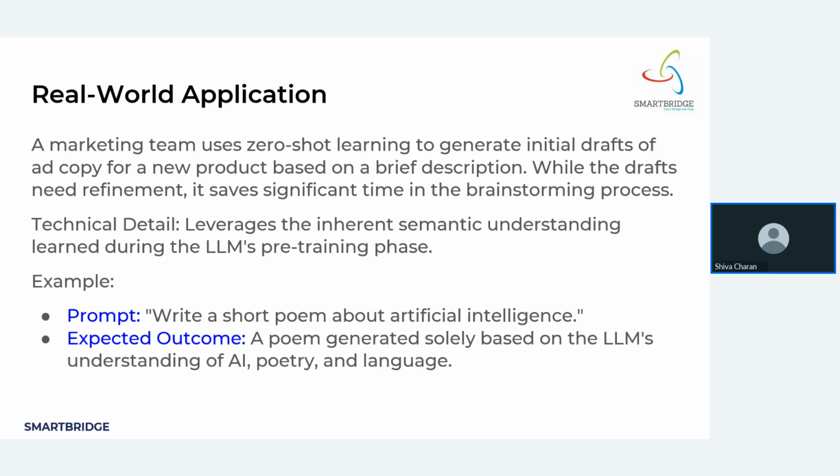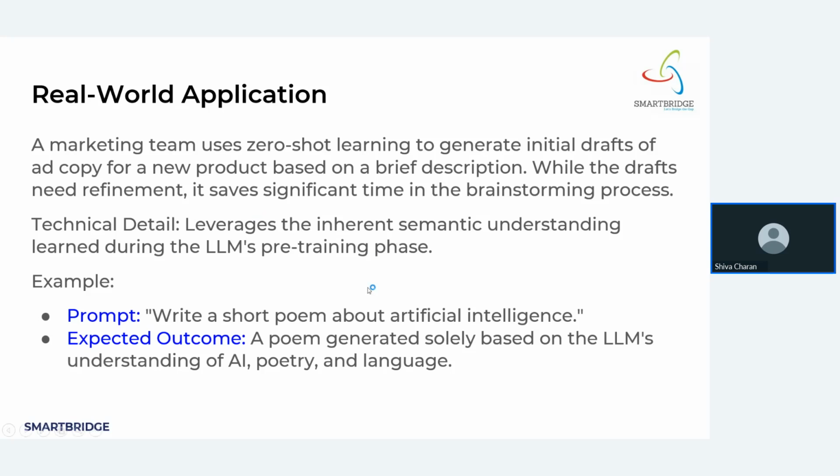So this is about the zero shot learning application. Just go through it. For that prompt, what will be the expected outcome? A poem generated solely based on the LLM's understanding of AI, poetry, and language.